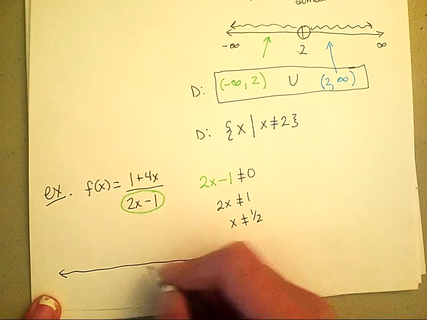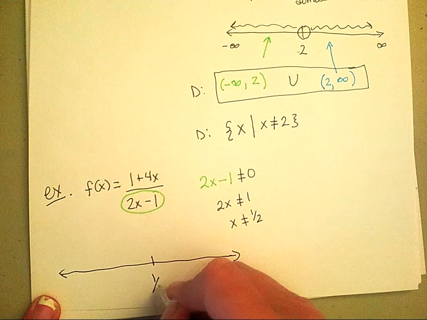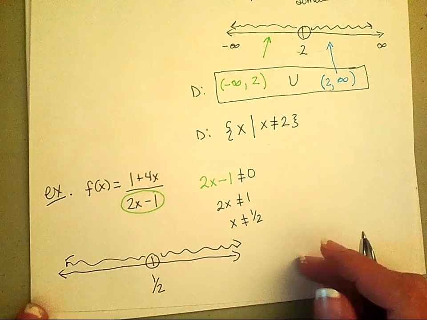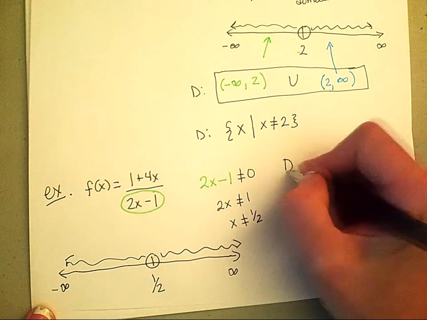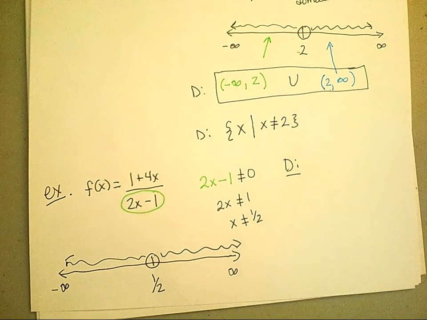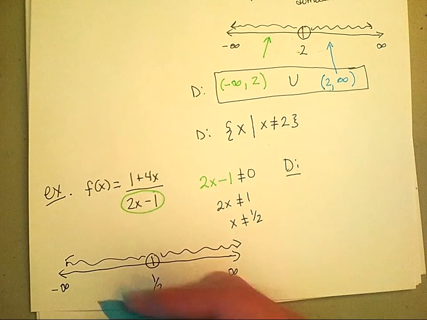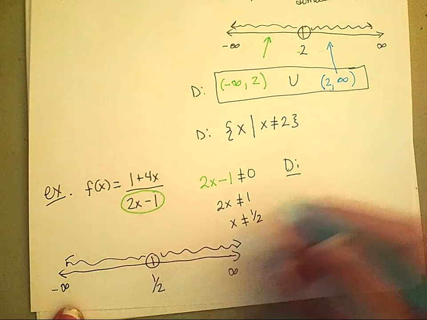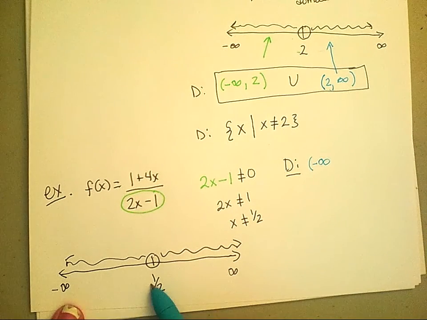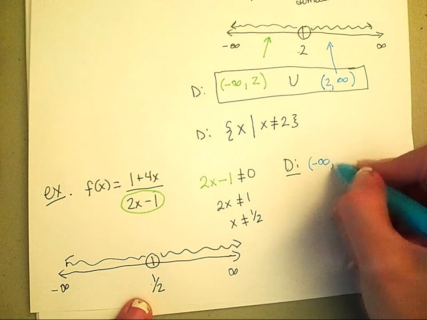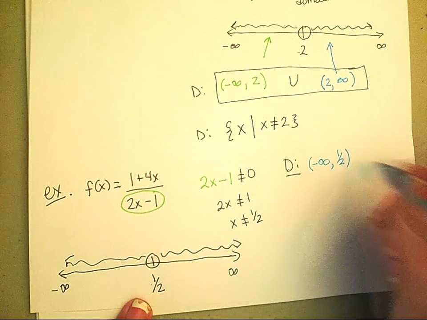On the number line then, the only number we exclude is 1/2, but everything else is okay. This goes from negative infinity to positive infinity. So if we had to list the domain, this area here starts at negative infinity and goes all the way up to 1/2, but it can't include 1/2.